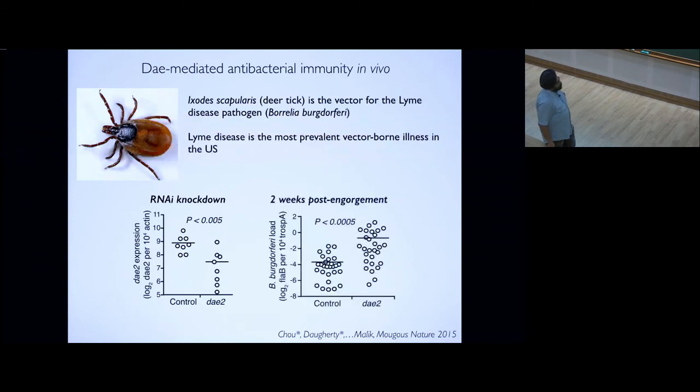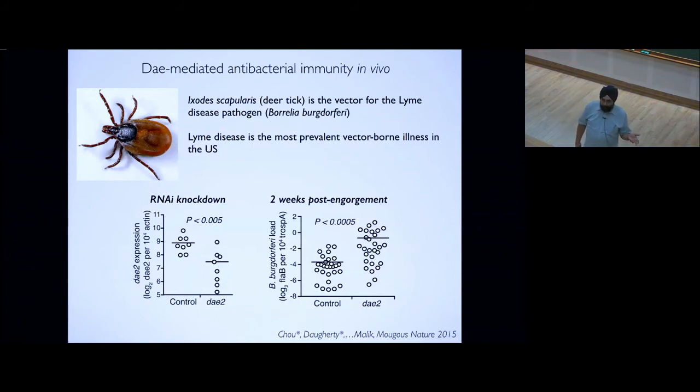And what was really interesting is that when she did so, she found that the Borrelia levels went up by a significant amount. So not only is DAE2 preserved in all ticks and mites, this acquisition event is at least 500 million years old. It's been preserved, and it's actually doing something important to the biology of these ticks in terms of their ability to control Borrelia infection. So of course, we think about Borrelia because it's a human pathogen.